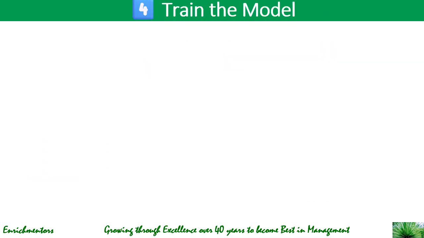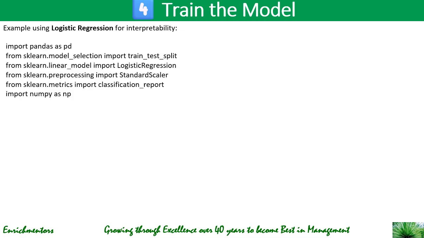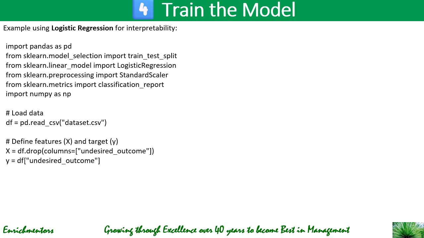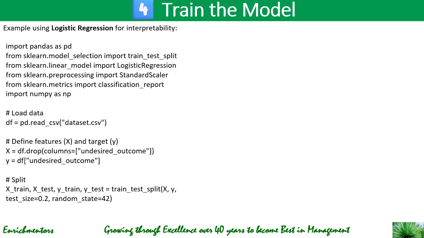Then you train the model, obviously, right? An example is using a machine learning model like logistic regression for interpretability. You import pandas as pd and then you give the commands that you see here. Then you load the data using the command that you see here. Then you define features X and target variable Y. Then you split the data into training and testing, with test size and random state.